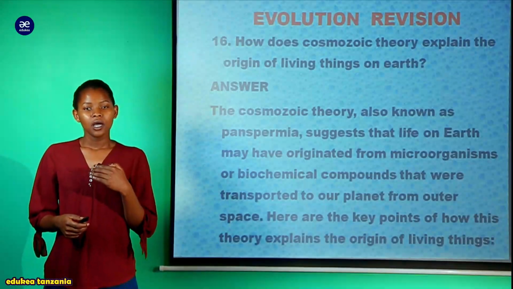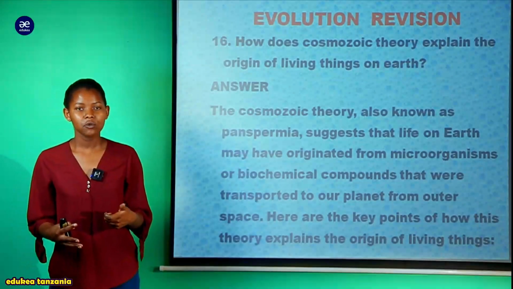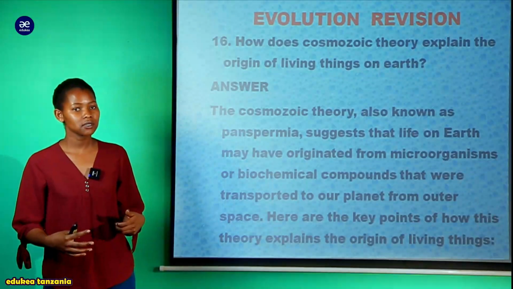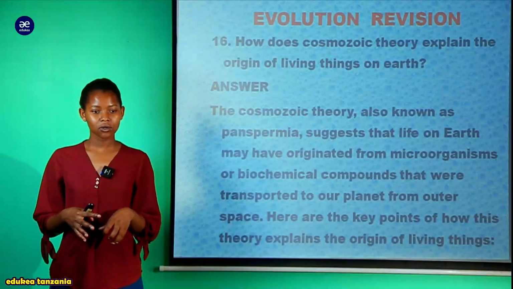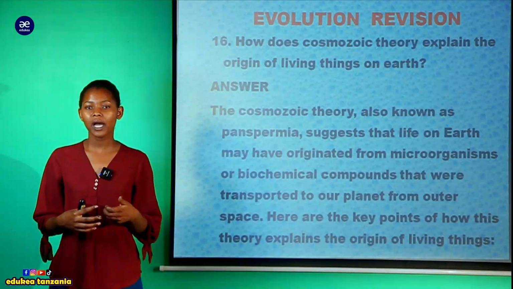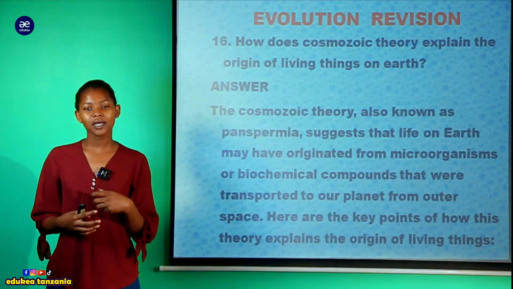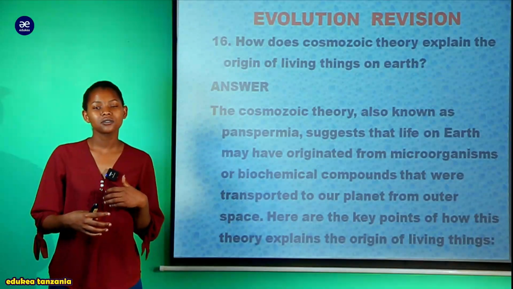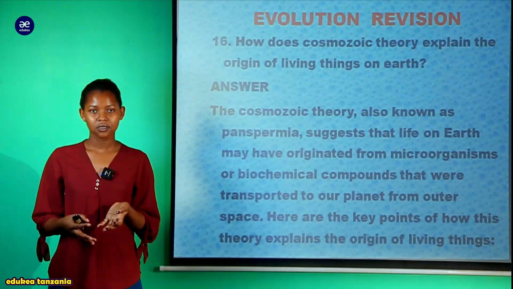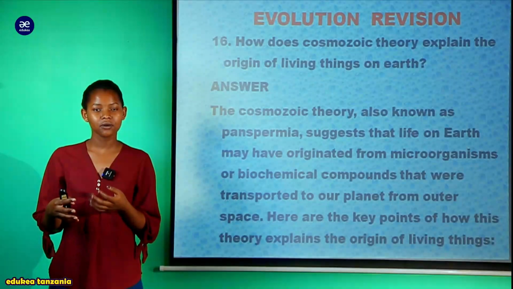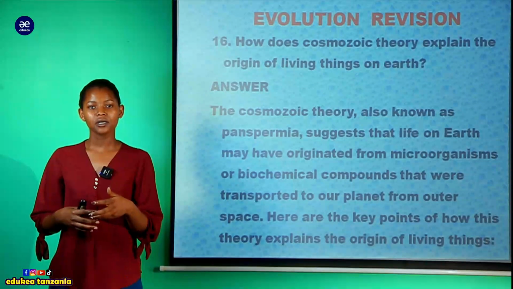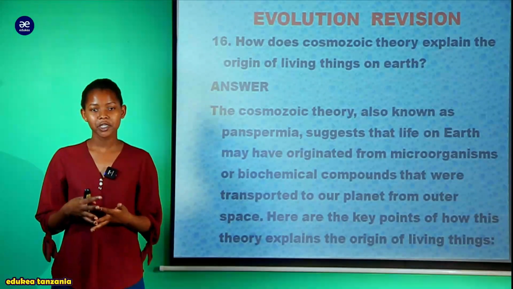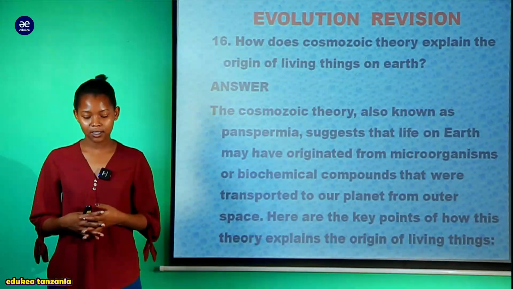Tunaenda kuangalia ni kivipi cosmozoic theory ilijaribu kuelezea the origin of living things, kwa sababu ukisoma vizuri cosmozoic theory ni kama tu ilitoa tu idea ndogo ndogo, mchango kidogo tu, but haikutupa kwa undani zaidi tujue, yani haikulenga aim ya zile theory kwamba we need to know the origin of life, but yenyewe ilitupa hiyo case somewhere else or on those parts of the outer space, ikatupa ile job or task kwenye hizo outer space, then ikatuambia kwamba maisha yalitokea vile, ila haikutupa proofs na kadhalika.